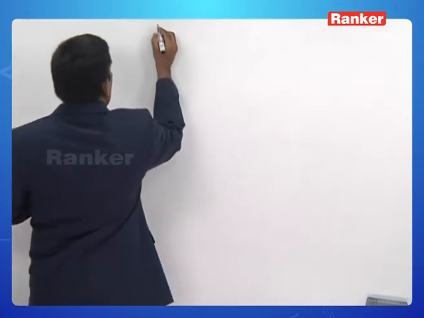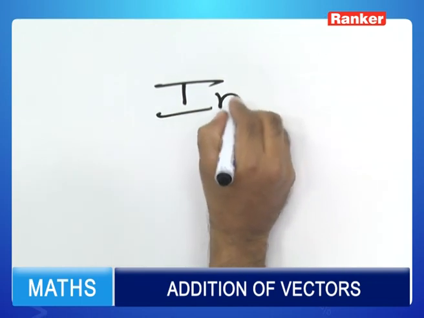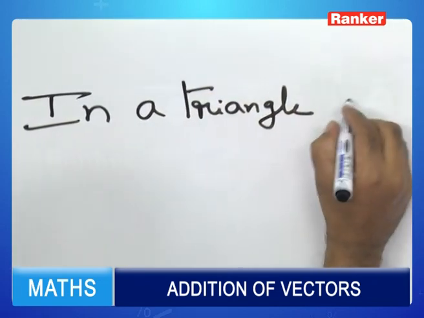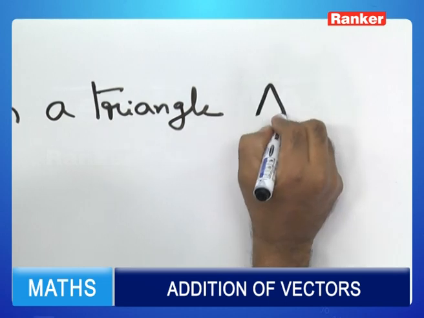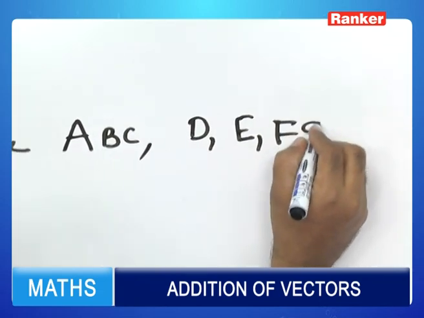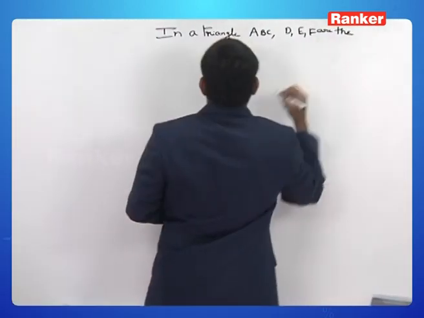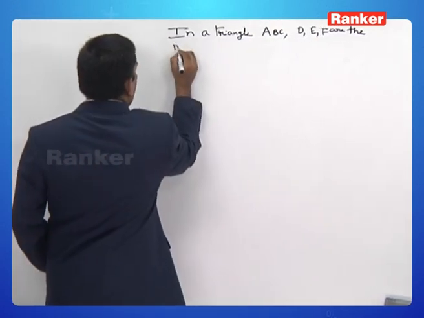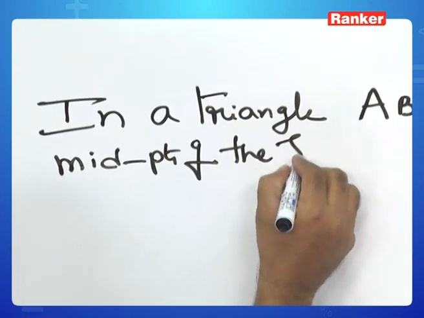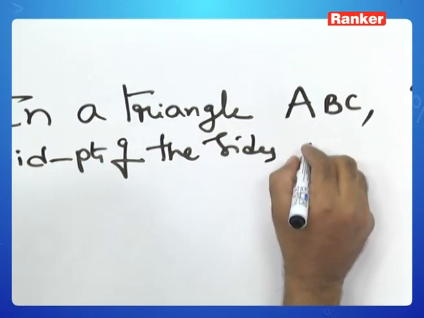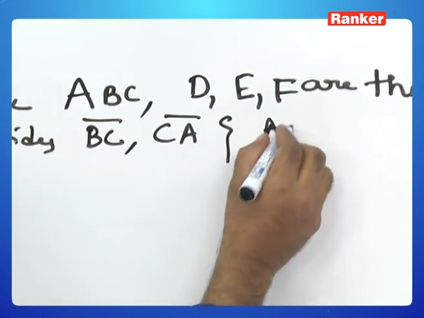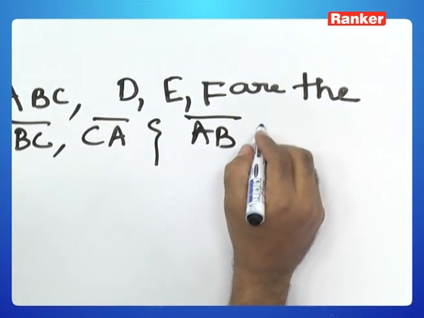Now, in a triangle ABC, D, E, F are the midpoints of the sides BC bar, CA bar and AB bar respectively.